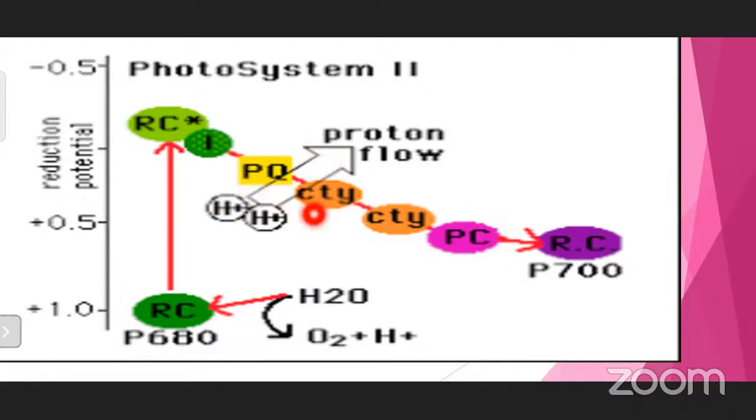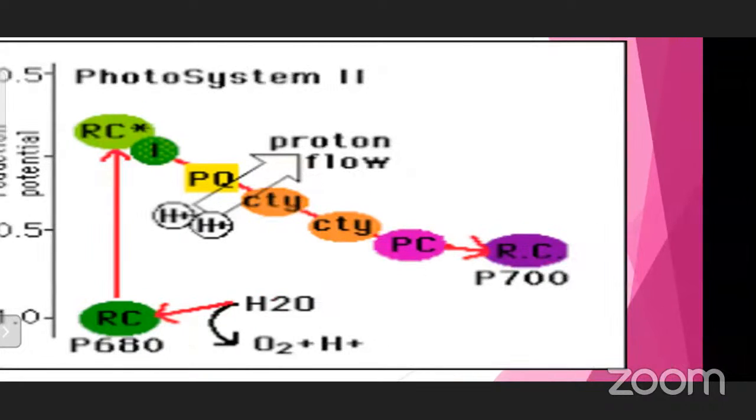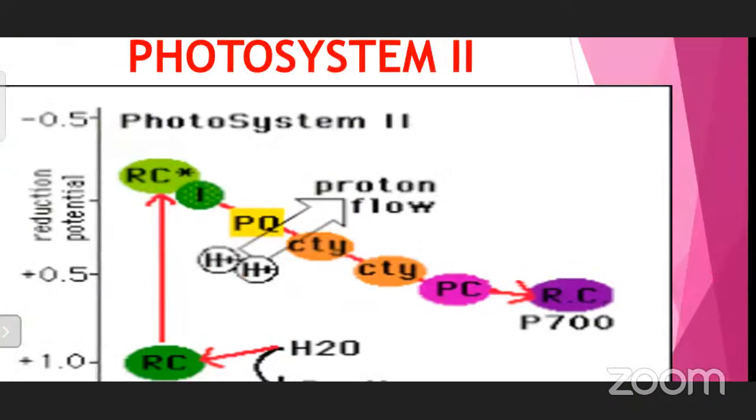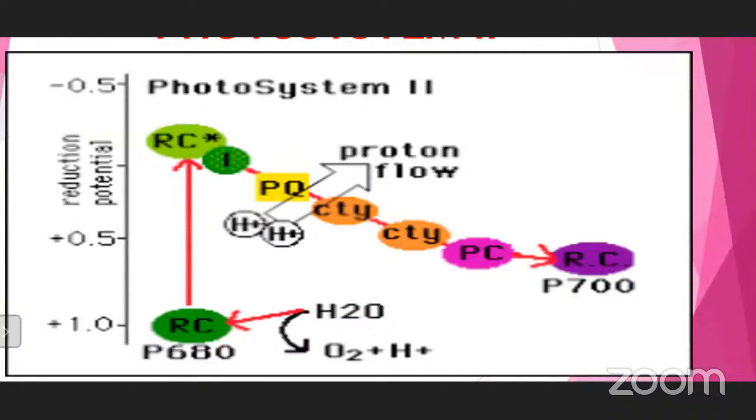These are going to transport that electron and give it to P700, which is photosystem 1. Be clear about photosystem 2, and further what happens in PS1 we'll learn. I'll move on to the next slide. I hope you are getting clarity about electron transport here. How the excited electrons are getting transported makes our electron transport system.